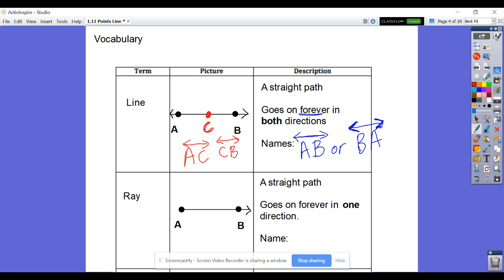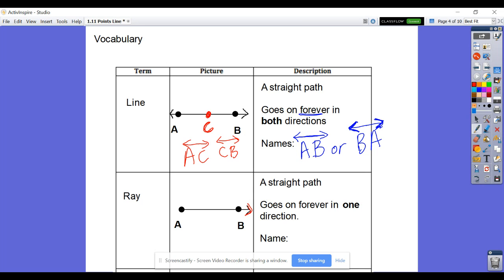Okay, and the last type of this vocabulary is called a ray. It is, again, a straight path, but a ray goes on forever in one direction. So notice now in this picture, what's different from the line, Regan? Right, it only has the one arrow.